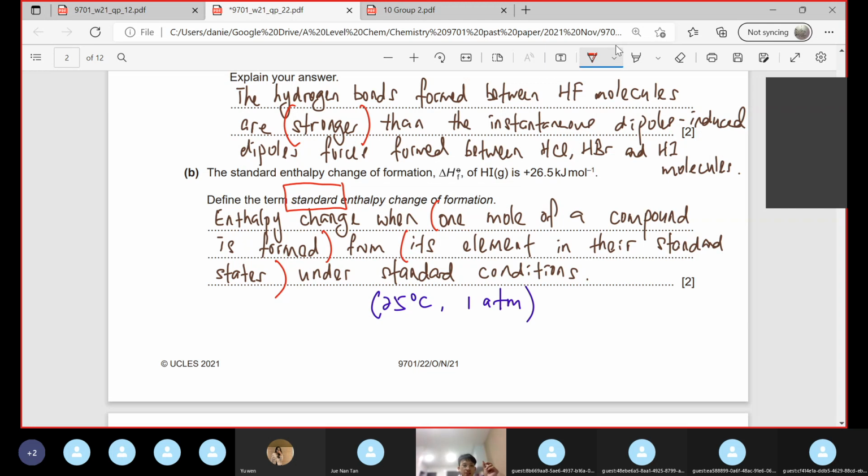The standard state is very important. For example, water. What is its standard state? It is liquid. As we know that water usually will exist at room conditions as liquid water.